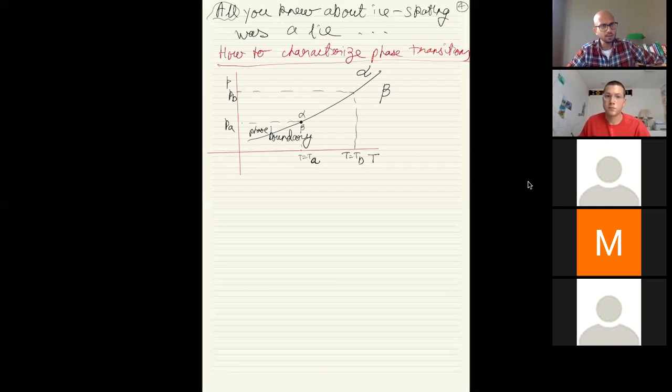You can reverse it and think about ice, right? This is ice. If this is ice and water coexisting at point A, could be the sea level, or well, it's low pressure. So let's say point B is sea level, and point A corresponds to the top of Mount Everest.